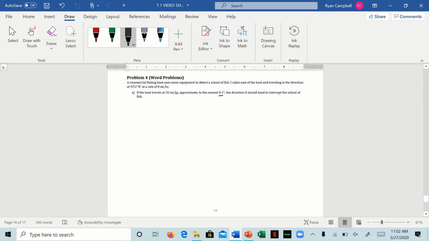All right. So we know, let's see, it says 2 miles east. So directly east. The question, again, is this where the boat is and this where the fish is, or is this where the boat is and this where the fish is? Reading our directions, the boat detects a school of fish east of the boat.